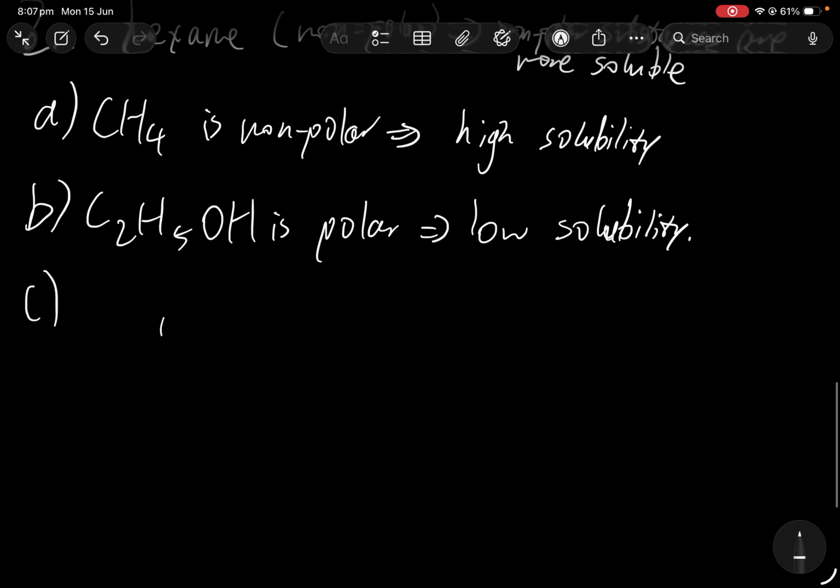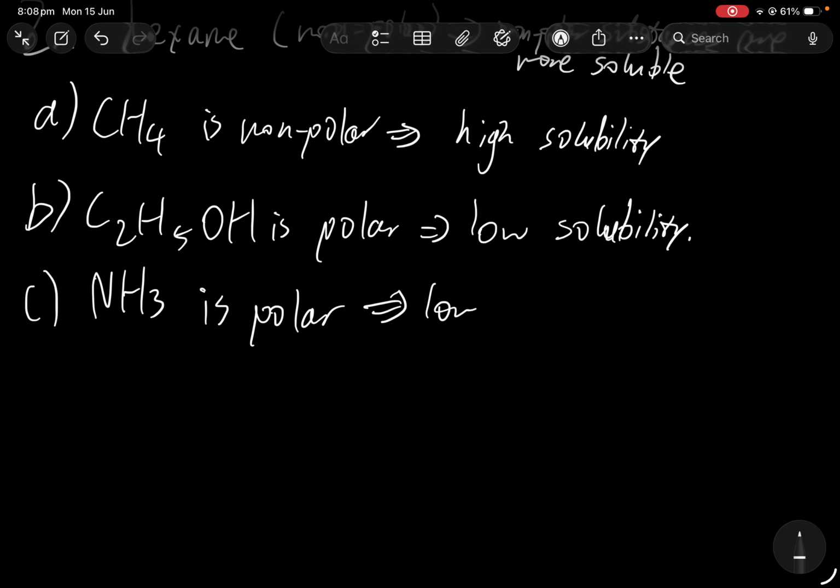So that means it'll look like an N with three H's, while the N still has two. There's still some electrons here, making this polar. So ammonia NH3 is polar, which means it has low solubility.